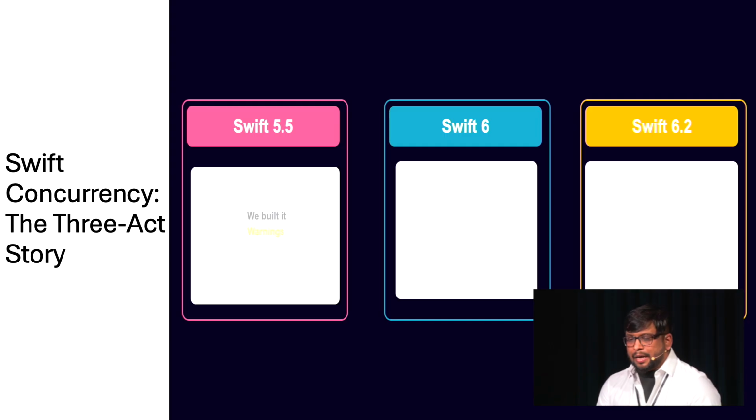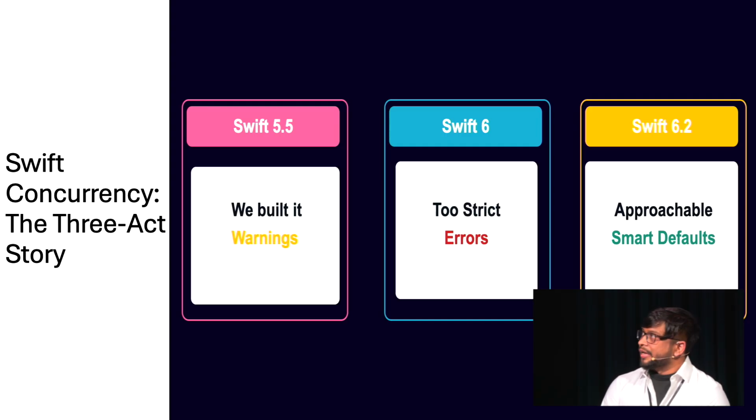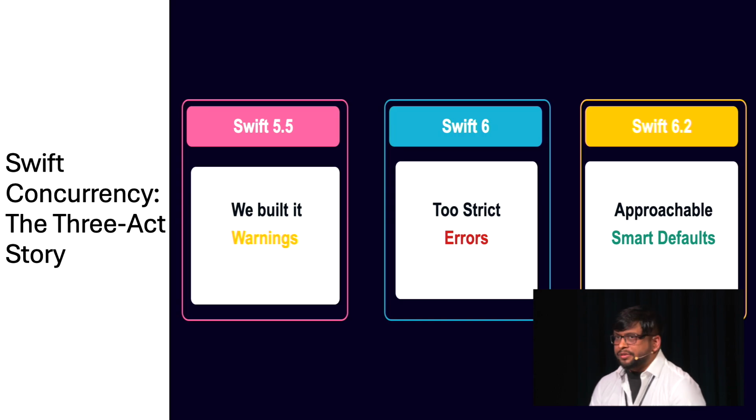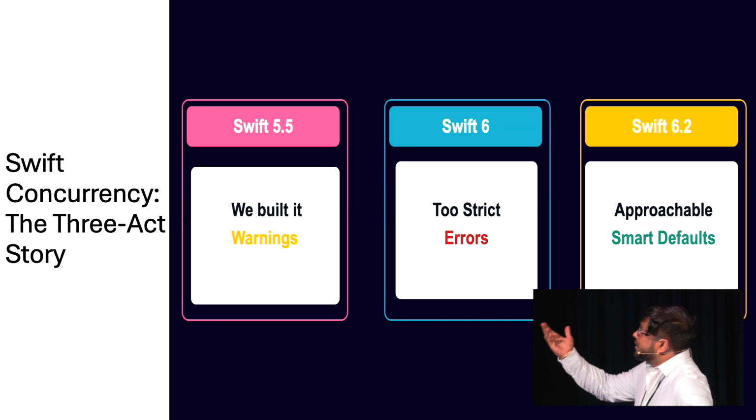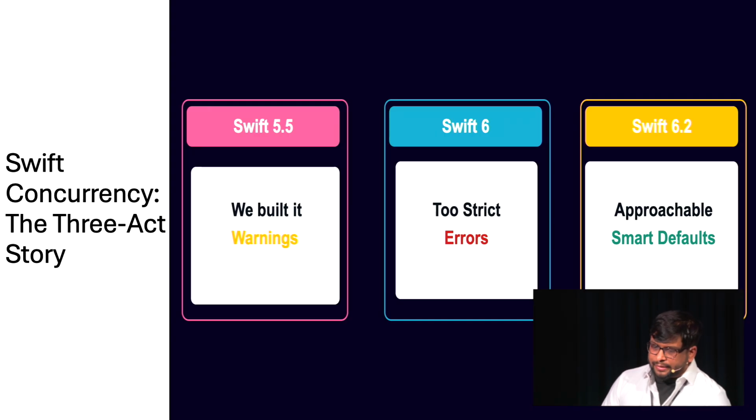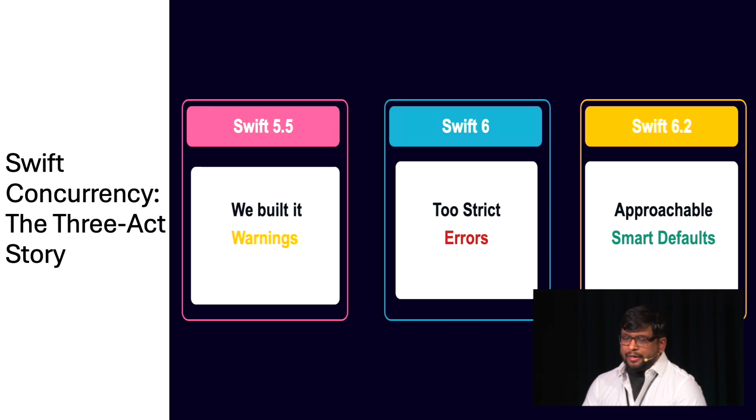So let's wrap up with the narrative arc we have been following. In 5.5, we built it and got so many warnings, but we ignored them and replaced them with manual annotation. The result: optional safety is not real safety. In 6.0, too strict, and we got thousands of errors during migration. We annotated with workarounds. The result: complete safety, but painful adaptation.